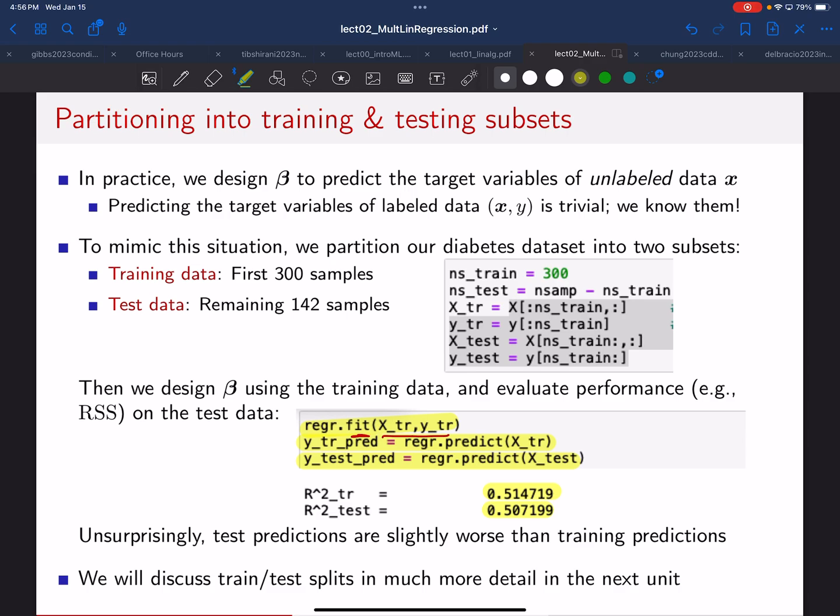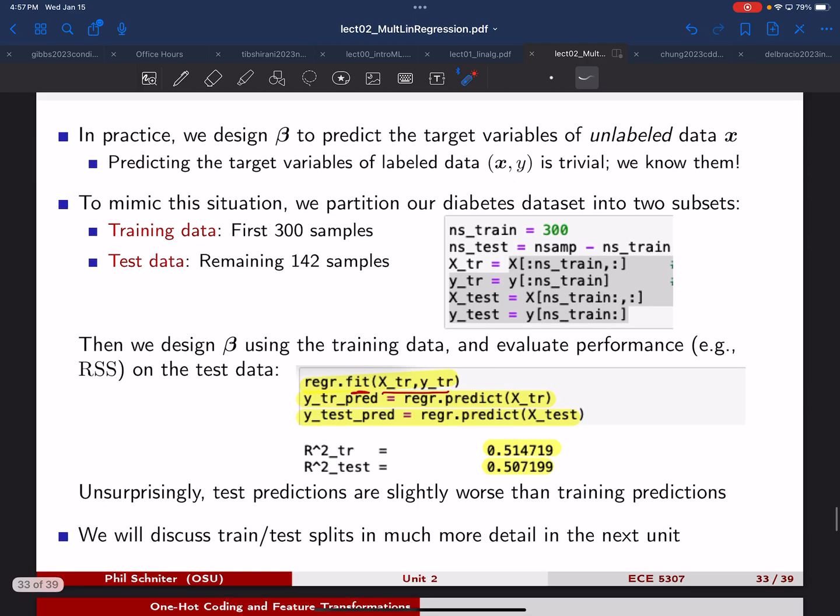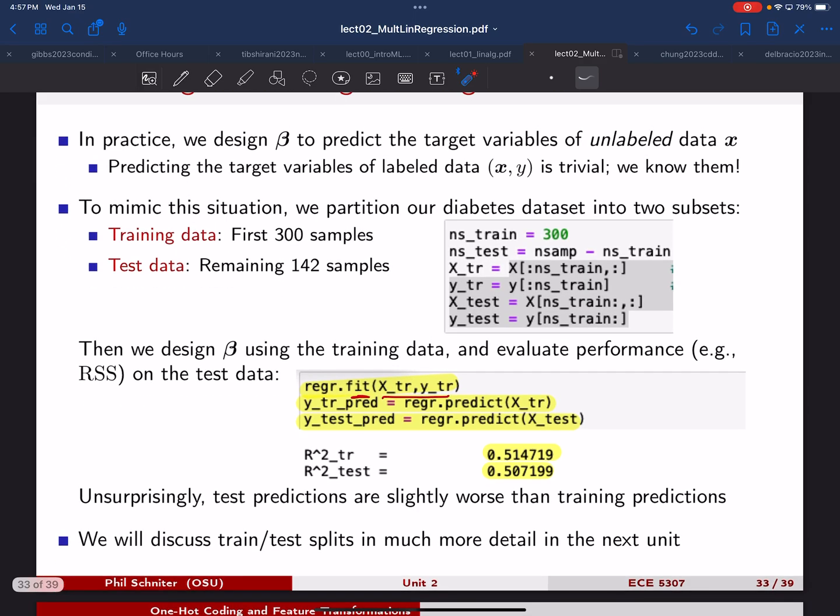Because your beta was optimized for the training, it's going to do better on the training than on this other data set that it was not optimized for. So it's doing a little bit worse on the test. But it's pretty close, which suggests that those two data sets are statistically pretty similar. We'll talk more about test and training in the next unit.